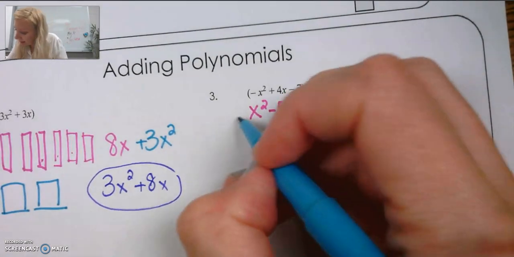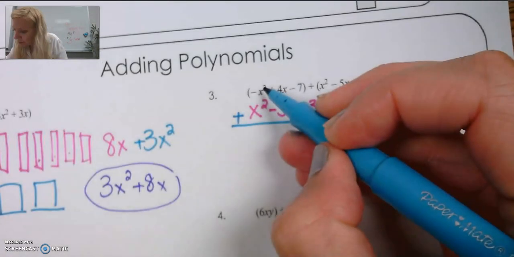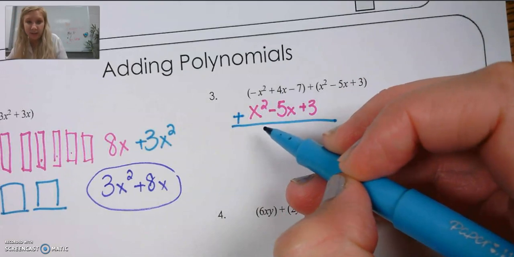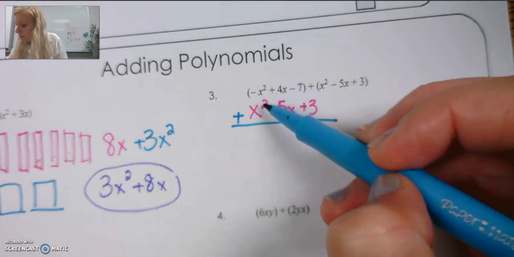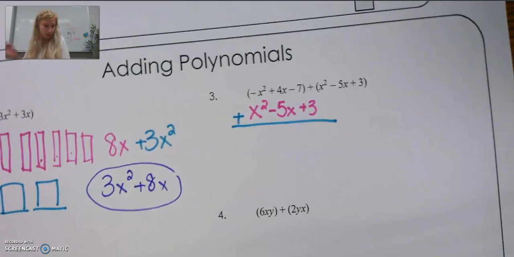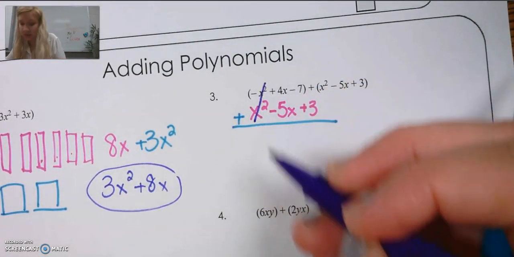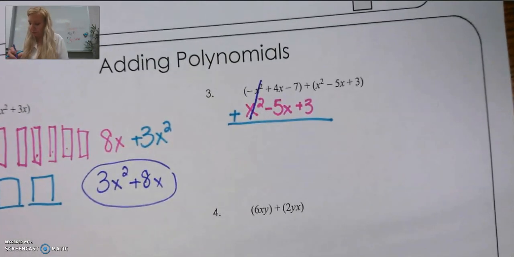So if I combine those, positive x squared and negative x squared, they're the same term, just opposites. They are going to create a zero pair. So I am going to cross them out. They made a zero pair. Now I have 4x and negative 5x. So let's think about that.